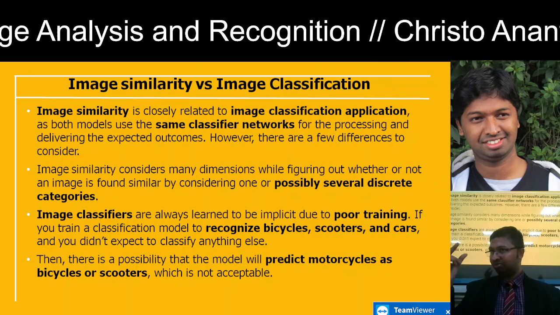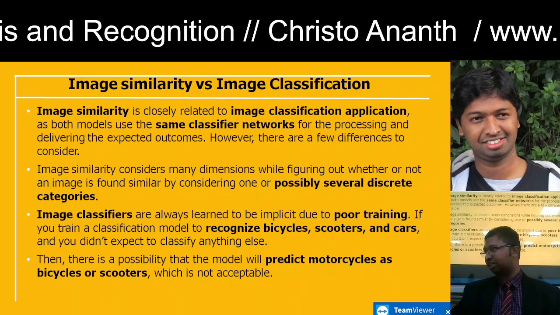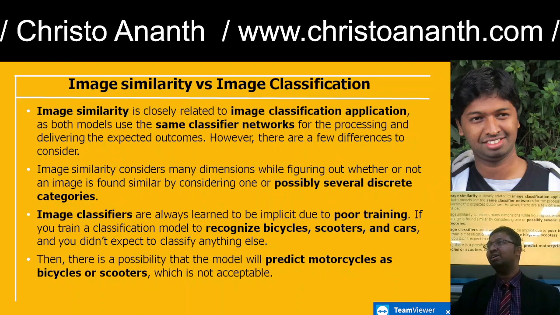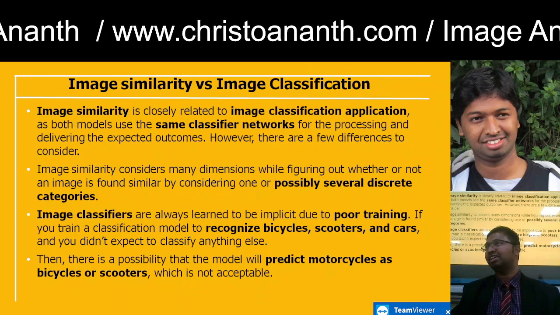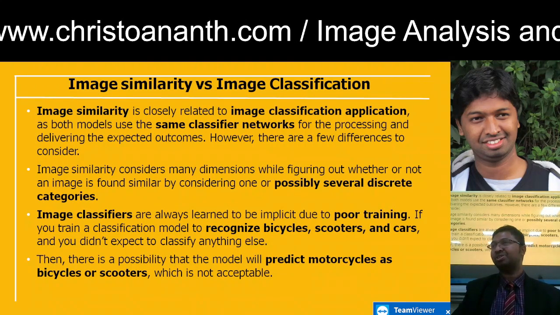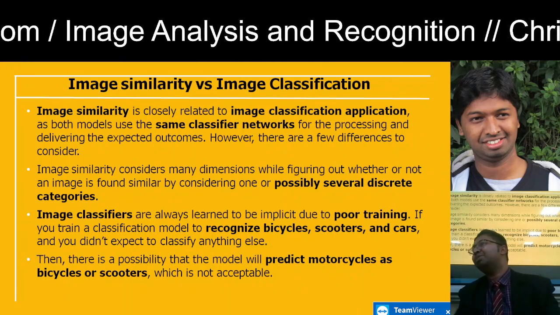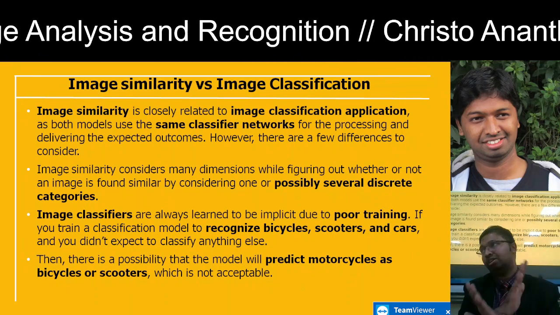If we are going for the apt search, for example, car means it should return only cars. Bicycle means only bicycles, scooter means only scooters. Not, for example, predicting that a motorcycle is the same as a bicycle, that is the same as a car. That is not accepted.